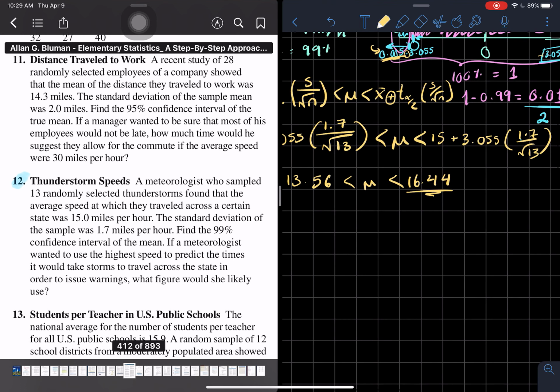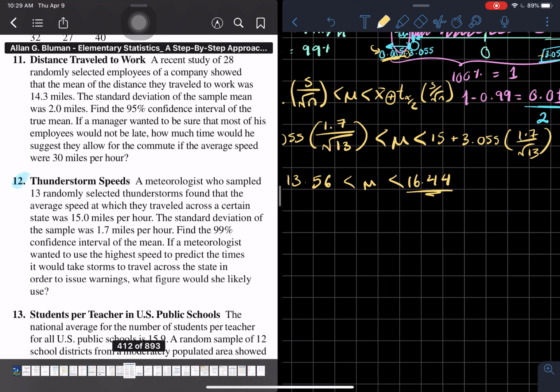So if she just says 16.44, then she is almost absolutely sure. I mean, you can't really be absolutely sure, but she's positive that whatever speed she calculates, the time she calculates using that speed would be good, so that she can issue a warning in case anything is happening with thunderstorms.